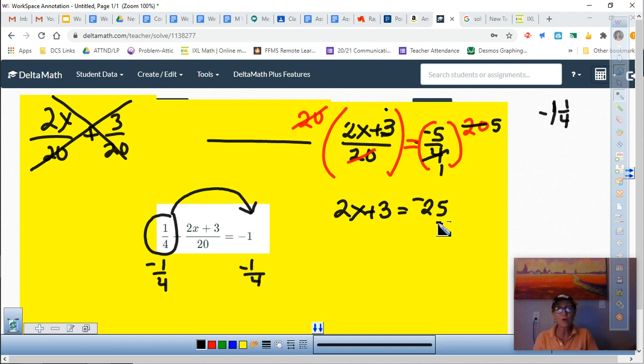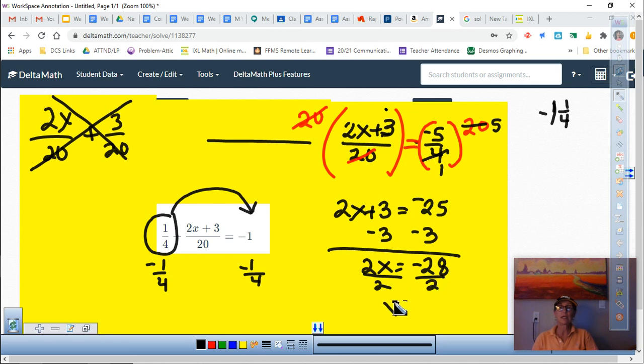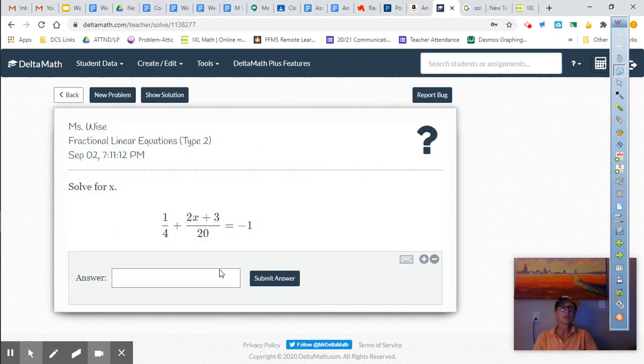And so now it's a simple problem, and it is just a two-step equation. So let's subtract 3 from both sides. So now I have 2x is equal to -28, divided by 2, and x equals -14.